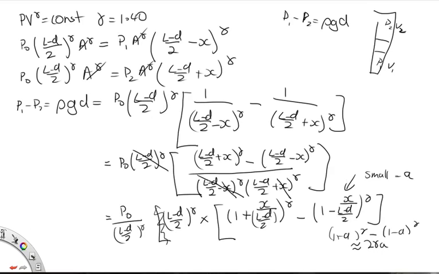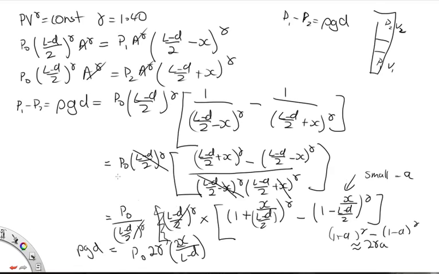Okay, so we can write this as, this and this will cancel out. So we've got P naught, and then we've got 2 gamma and A, which is X, over L minus D on 2. So let's put the 2 up there. Now this is all equal to rho G D. We just need a little bit more room.